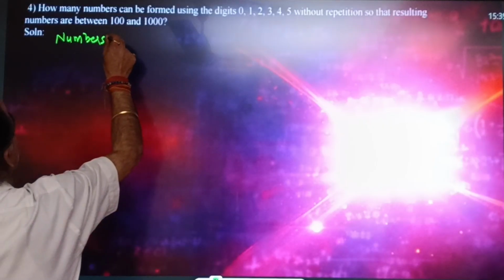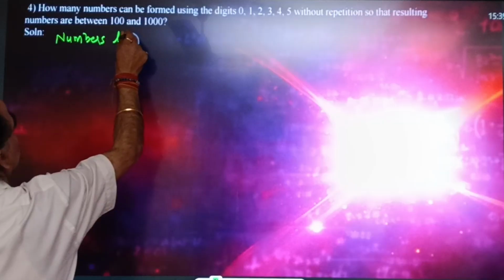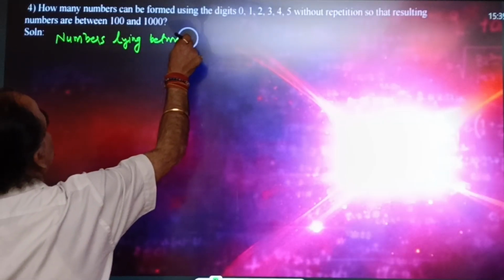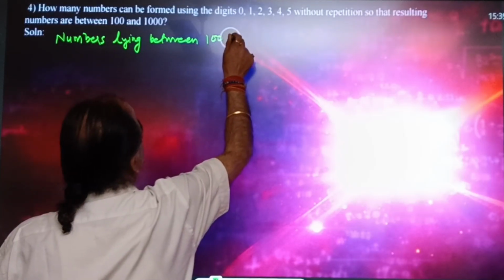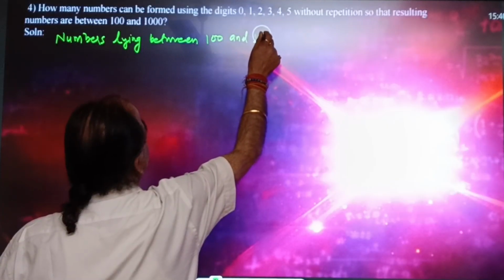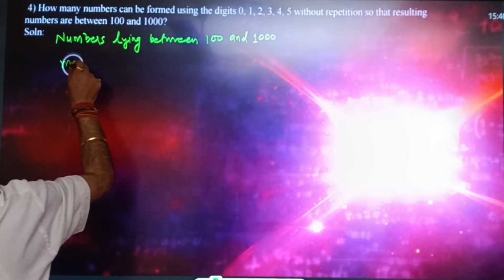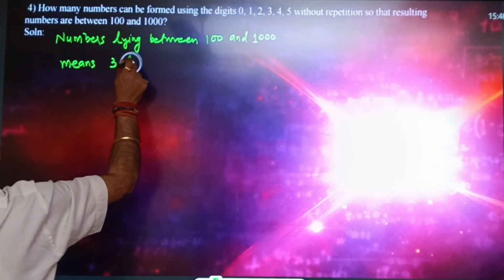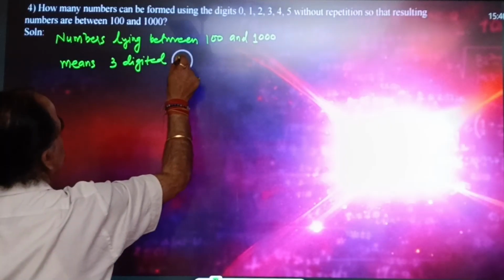Numbers lying between 100 and 1000 means 3-digit numbers.